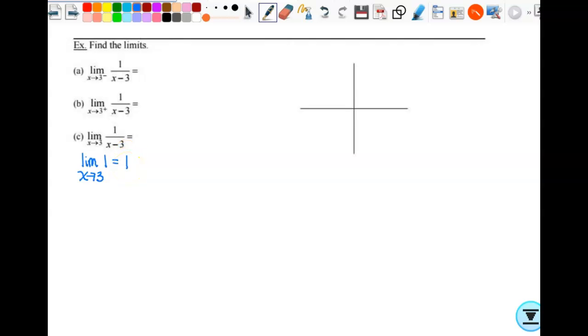Just 1. That's one of those rules, right? And then the limit as x approaches 3 of x minus 3 equals 0, right? And if you get 1 over 0, what does that tell you?